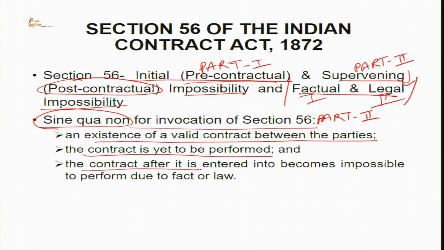The contract, after it is entered into, becomes impossible to perform due to fact or law. These are the important requisites of section 56, or you can say essential requirements or components of section 56 part 2, which deals with discharge by impossibility of performance.